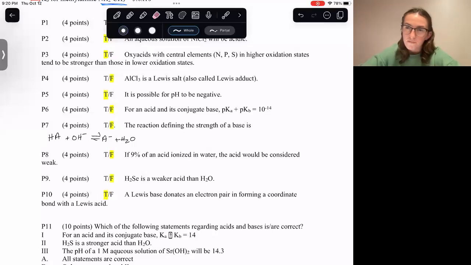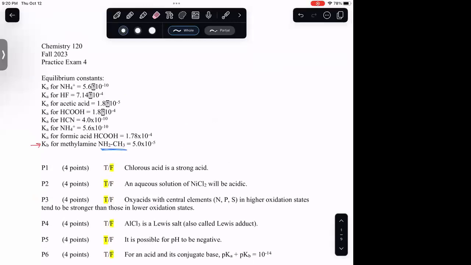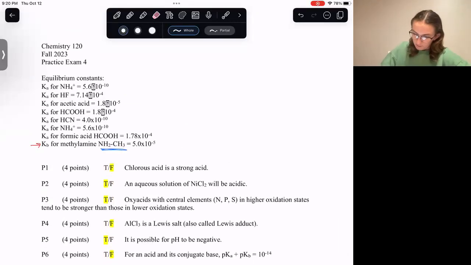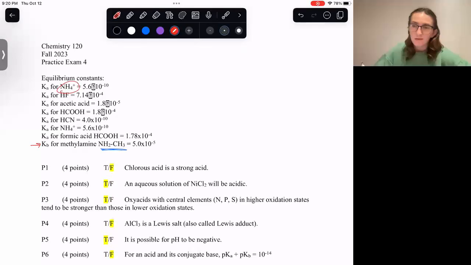I believe that most of your acids don't even go that far. Okay, yeah. So if we just take a look at NH4 plus here, if we just made up something, we have NH4 plus and H2O.